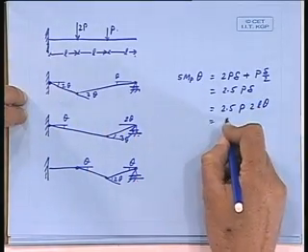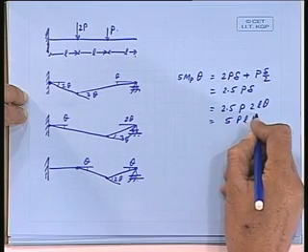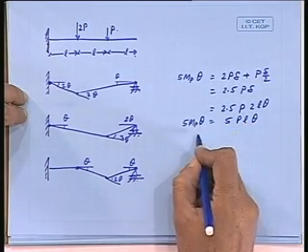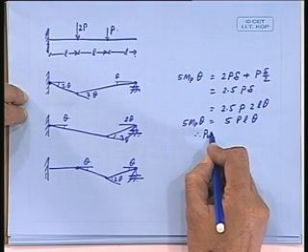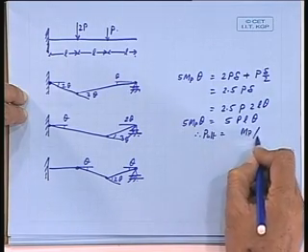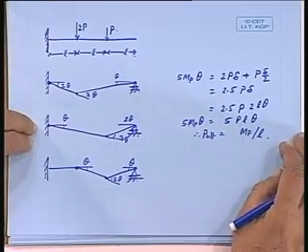It's okay. Therefore, P ultimate is equal to MP by L.